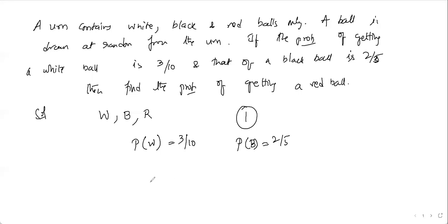Therefore the probability of red will be 1 minus 3 by 10 minus 2 by 5, which is 3 by 10. So that is the solution.